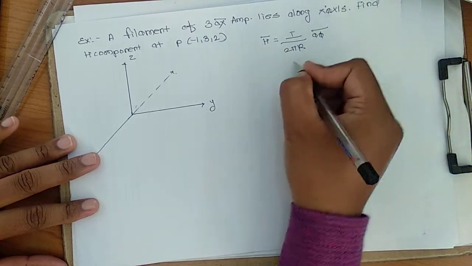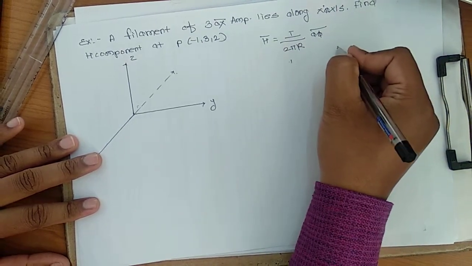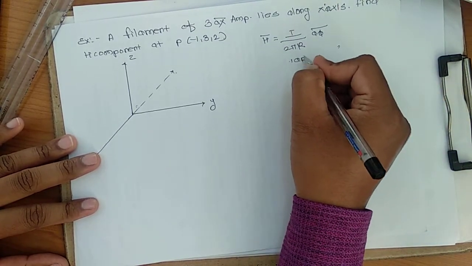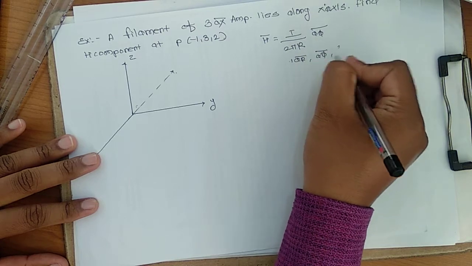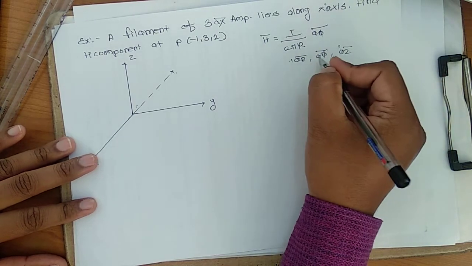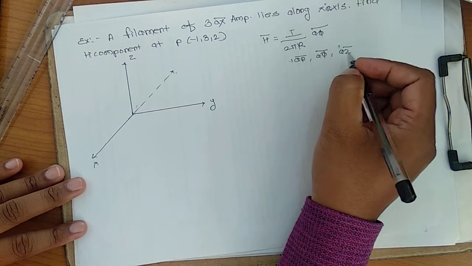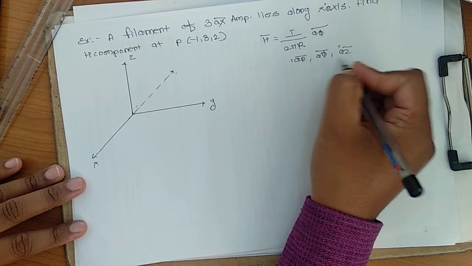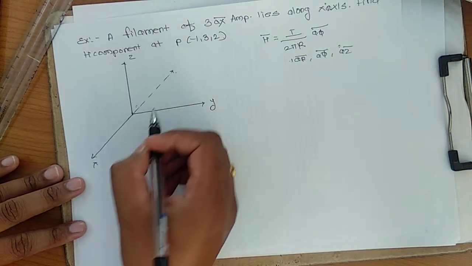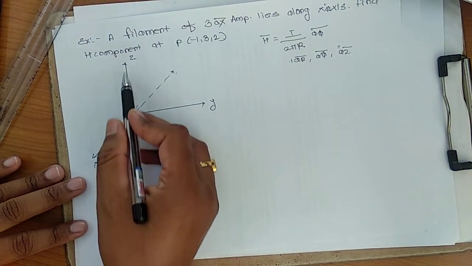So we know that this ar bar, a phi bar and az bar are the three coordinates of the cylindrical coordinate system, and they are perpendicular to each other, like the Cartesian coordinate system x, y, z.